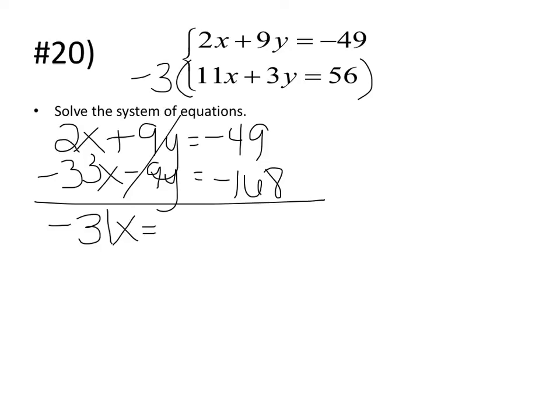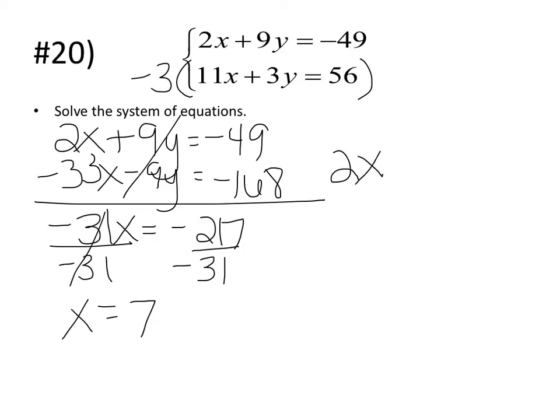And then negative 49 minus 168 is negative 217. Divide both sides by negative 31, and you get x equals 7.